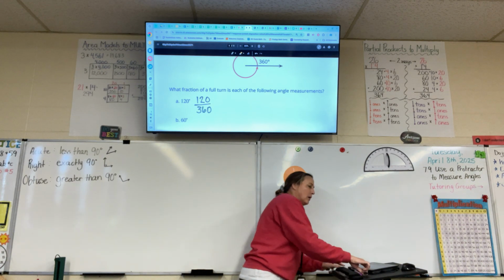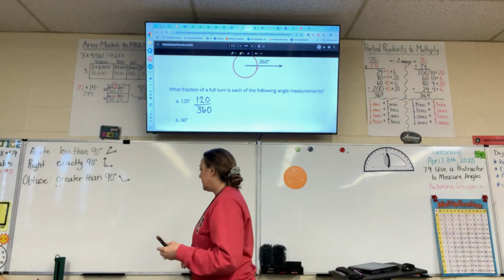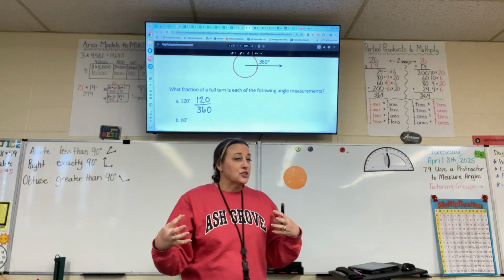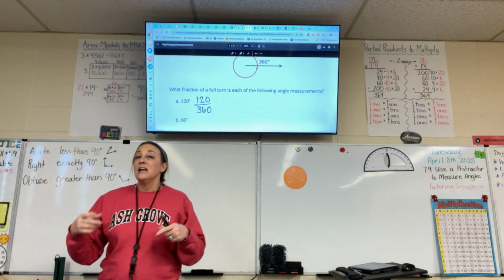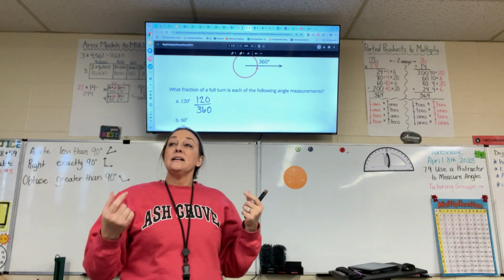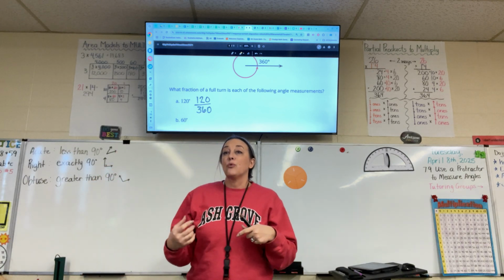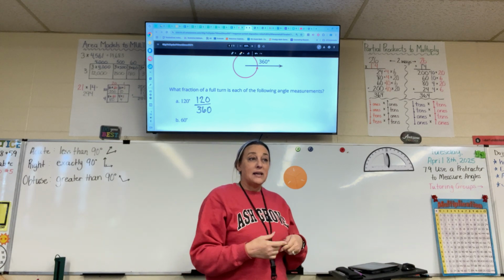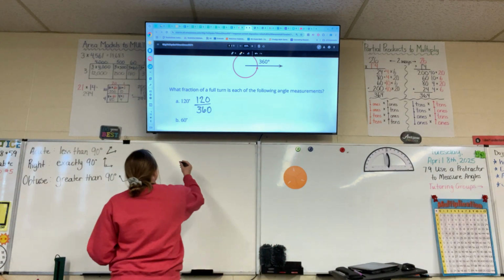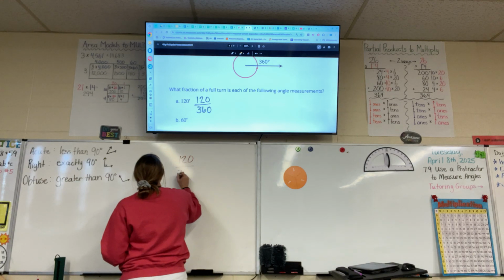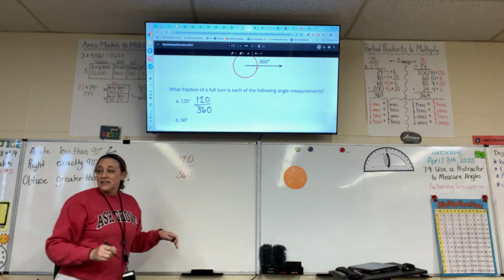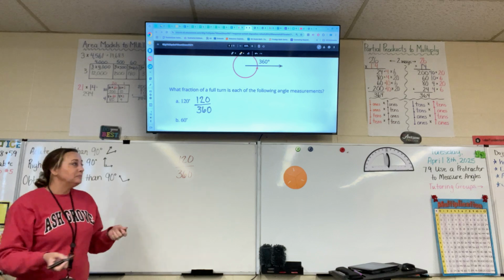Now, I don't wanna go through and list all the factors of 120 and 360. I want to use some reasoning to figure out what their greatest common factor is. And so I know using the divisibility rules, because they both end in a 0, I could divide by 10.